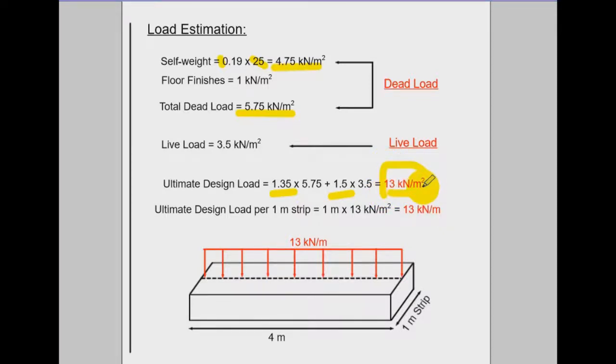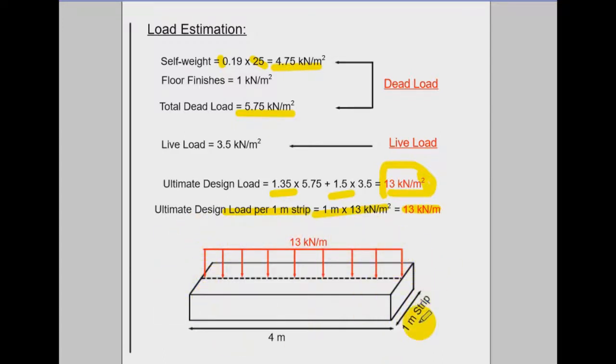So since we need to work on the bending moment and shear force, and obviously we have it here as kilonewton per meter square, we just simplify it and make it as per 1 meter strip. So simply just multiply this number by 1. That's the 1 meter strip, and you get this value. So eventually you end up having this figure here.